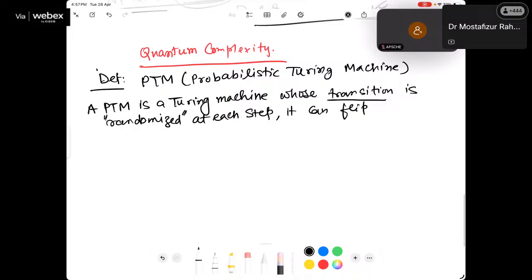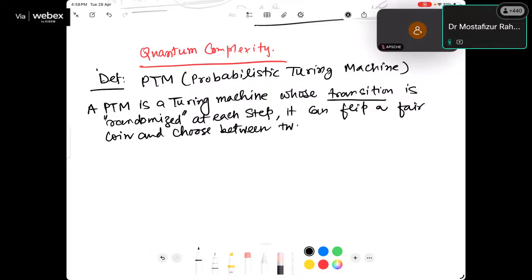Earlier, the transition function delta in a Turing machine was deterministic. But in this particular case, it can be randomized; it can be a random variable, in fact. So it can flip a fair coin and choose between two possible transitions.